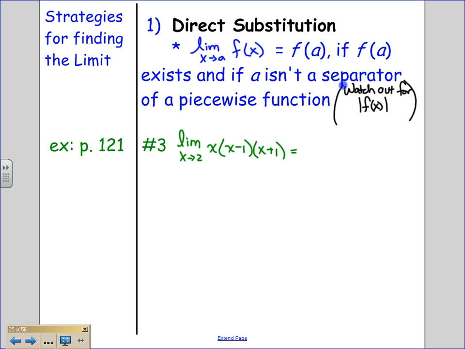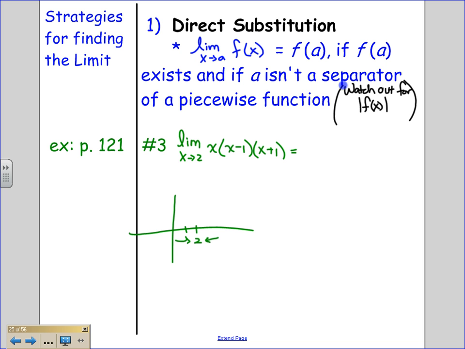But as long as it exists, and as long as there aren't any discontinuities, holes, vertical asymptotes, jumps, anything like that, we can just plug it in. If I'm trying to approach 2 from the left and from the right, if it's a continuous function, then wherever I'm going when I approach 2, well, hold on.